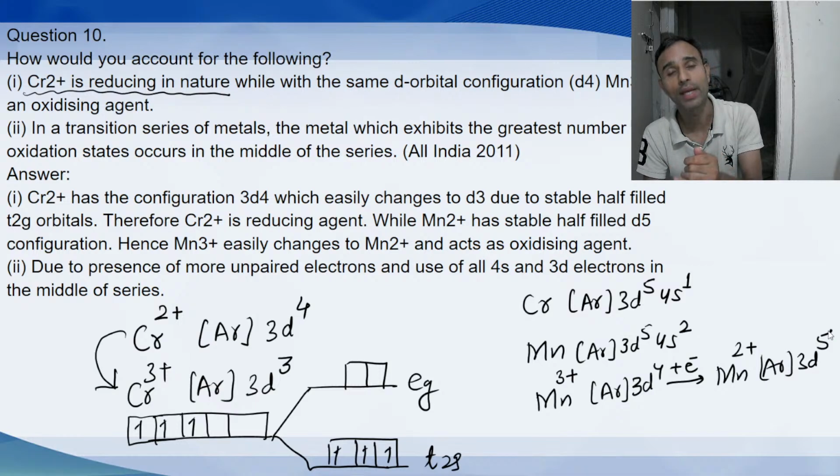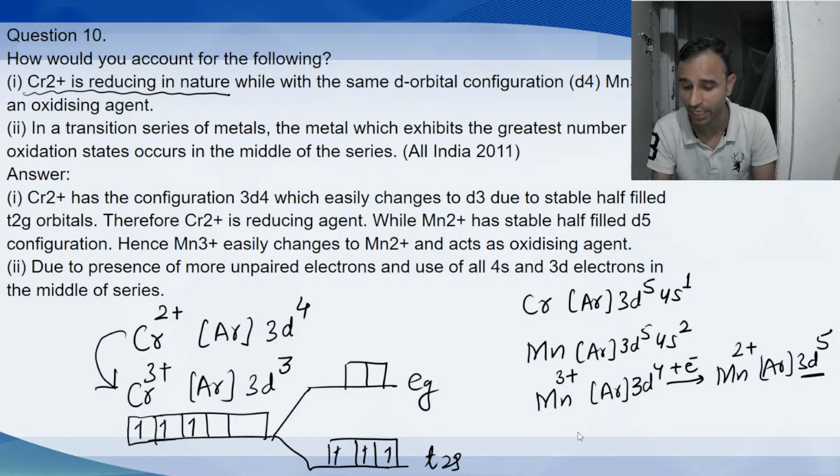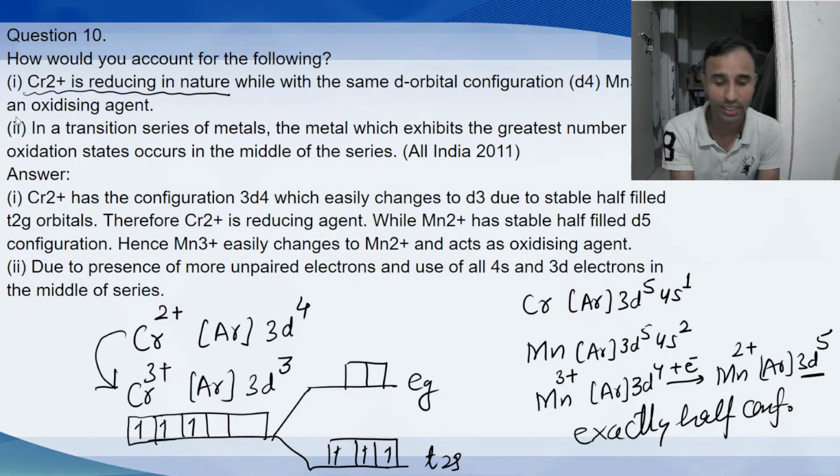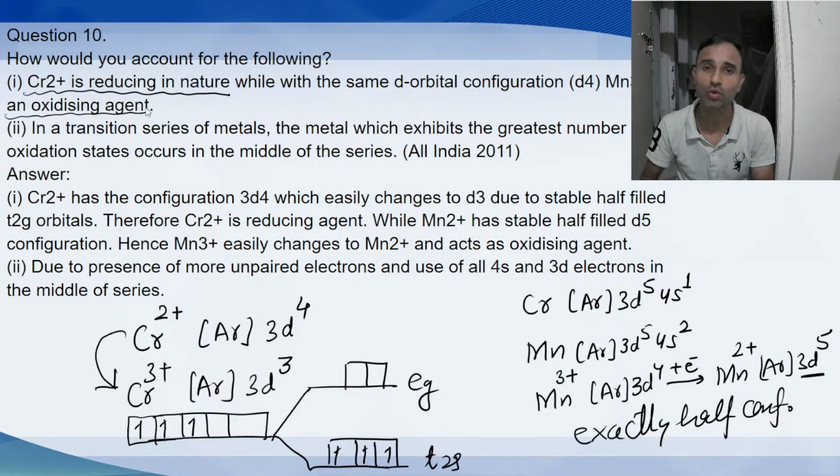So 3+ can gain an electron and become more stable, an exactly half-filled configuration. That's why Mn3+ is an oxidizing agent because it can gain an electron easily, and Cr2+ is reducing in nature because it can lose an electron easily.